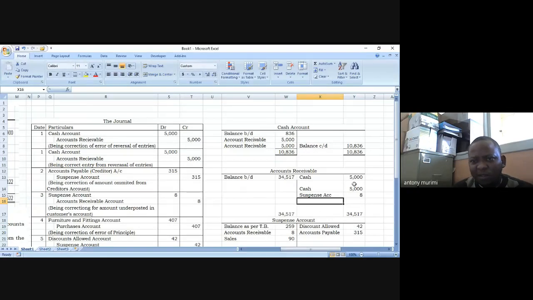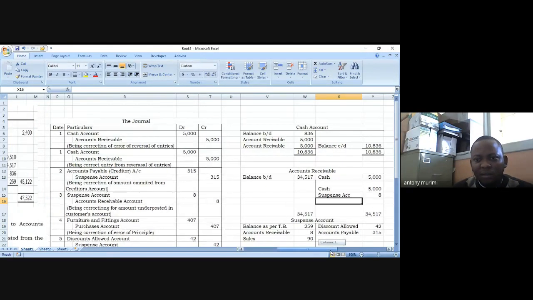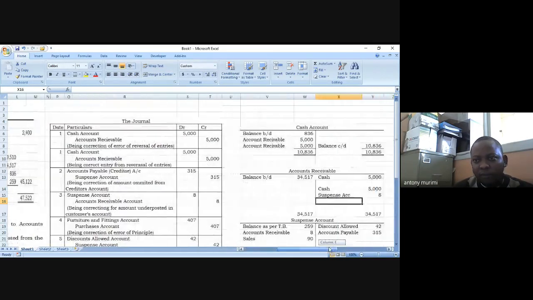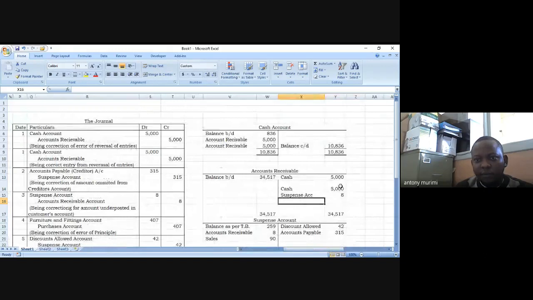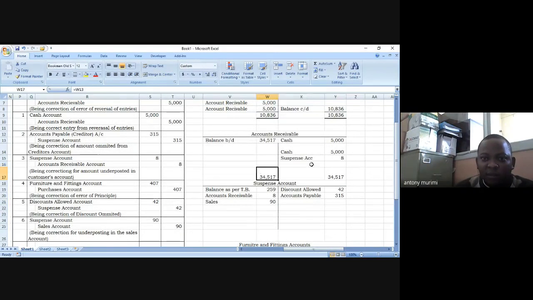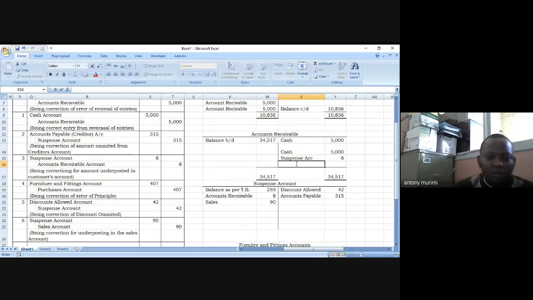Did I make a mistake here? Debit suspense account. So the totals of both sides, then you have the balance. Tuko pamoja kila mtu?